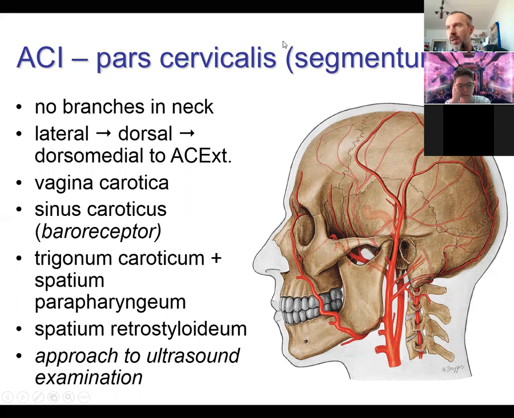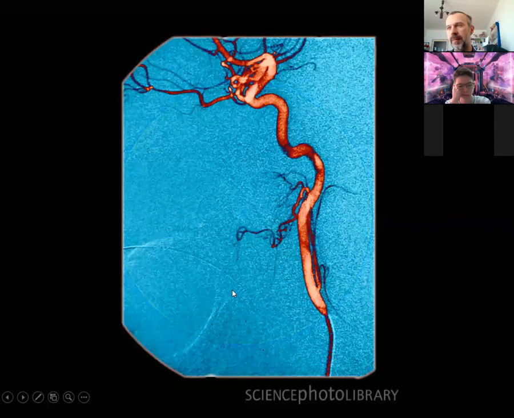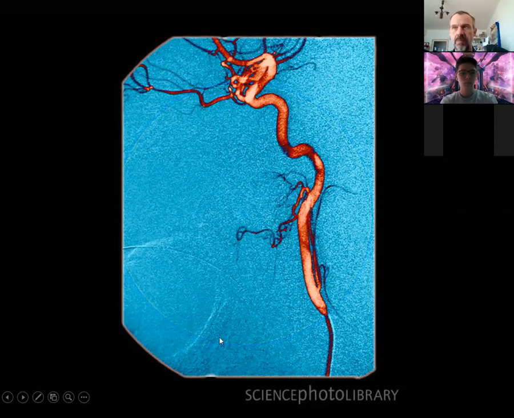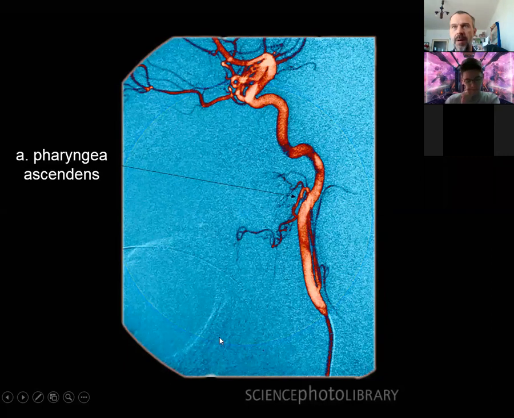You can palpate it here. You can examine it with ultrasound, which is done routinely. So here you can see the internal carotid artery, then the siphon, and the final branches for the brain. And I said there are no branches, but you can see a branch here. What is it? This is an example of the ascending pharyngeal artery branching aberrantly from the internal carotid.